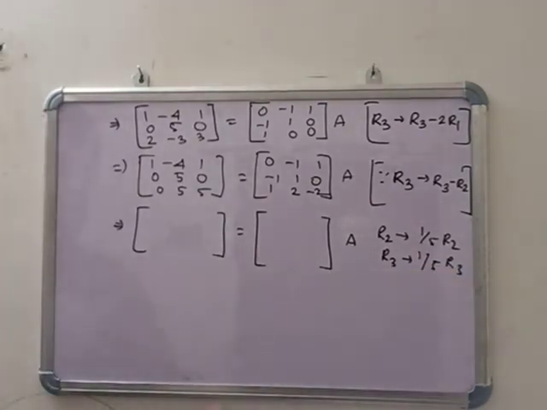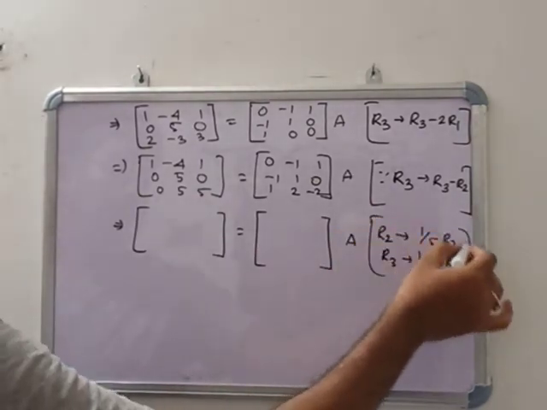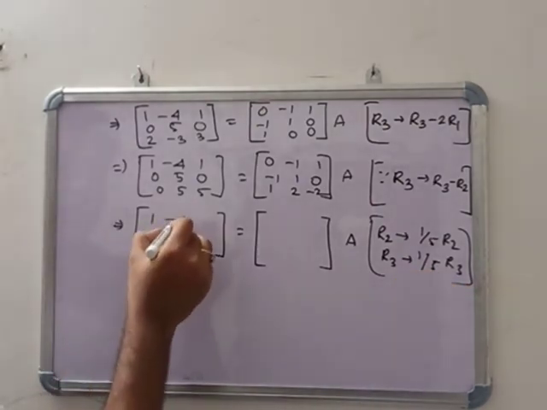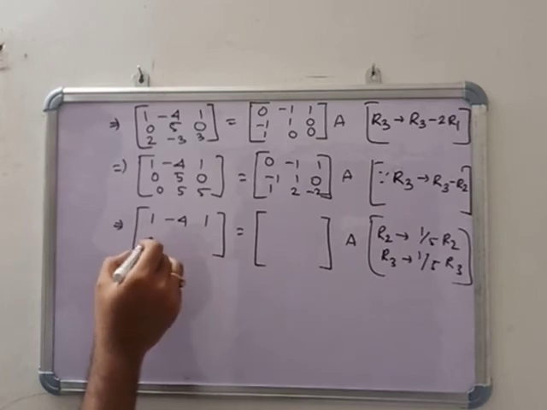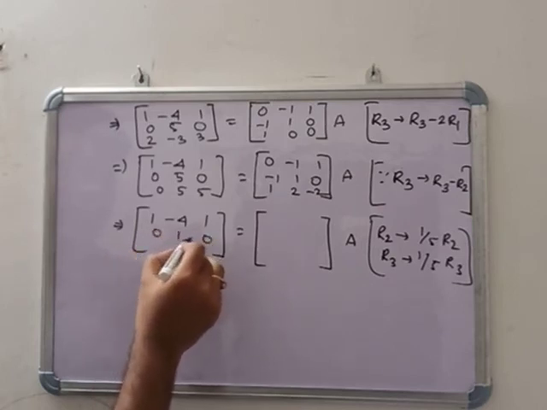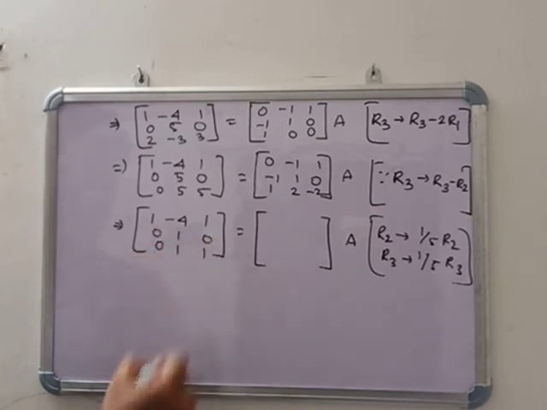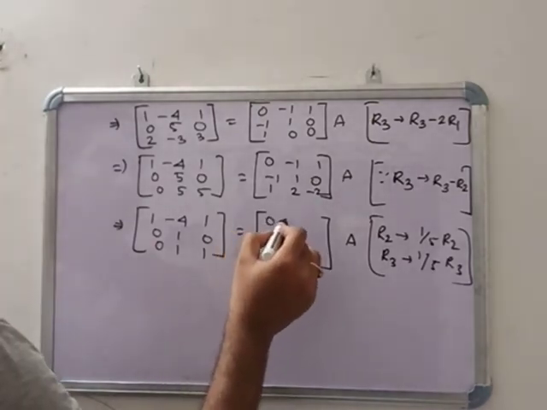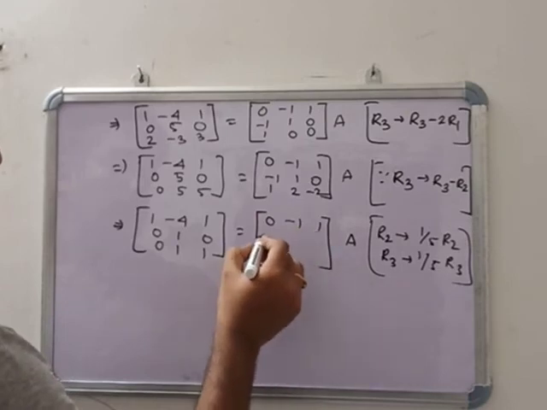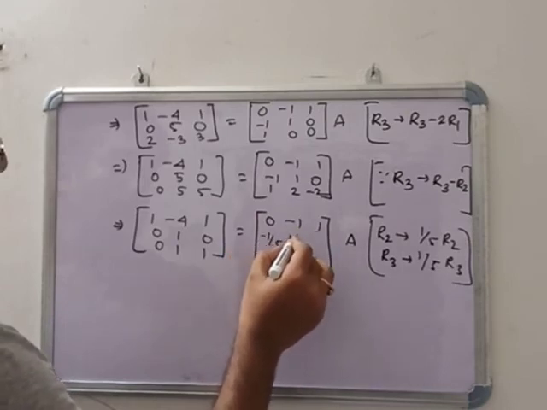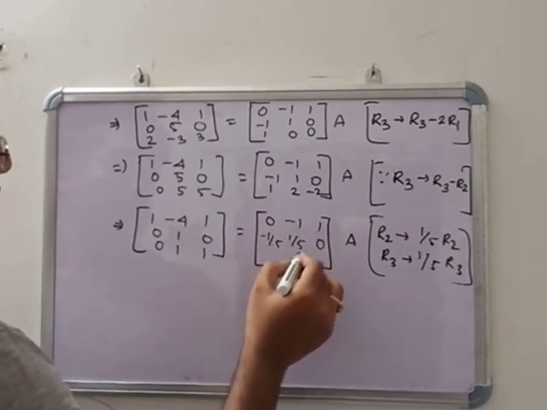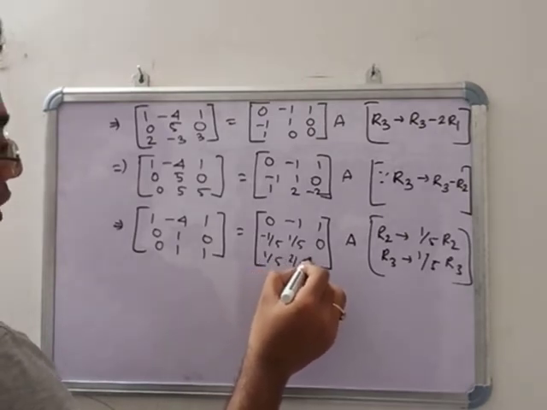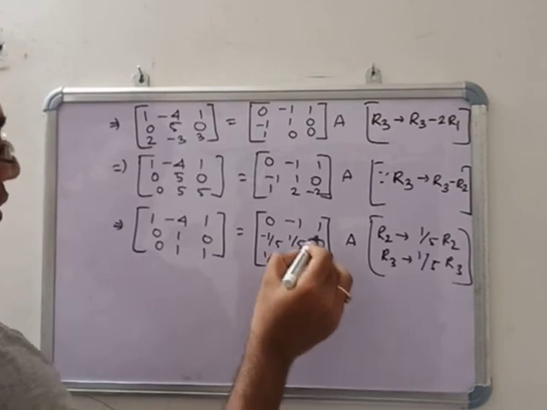So if we apply these two, we get 1 minus 4 1, 0 1 0, 0 1 1, and here 0 minus 1 1, minus 1 by 5 1 by 5, 0 1 by 5 2 by 5 minus 2 by 5.